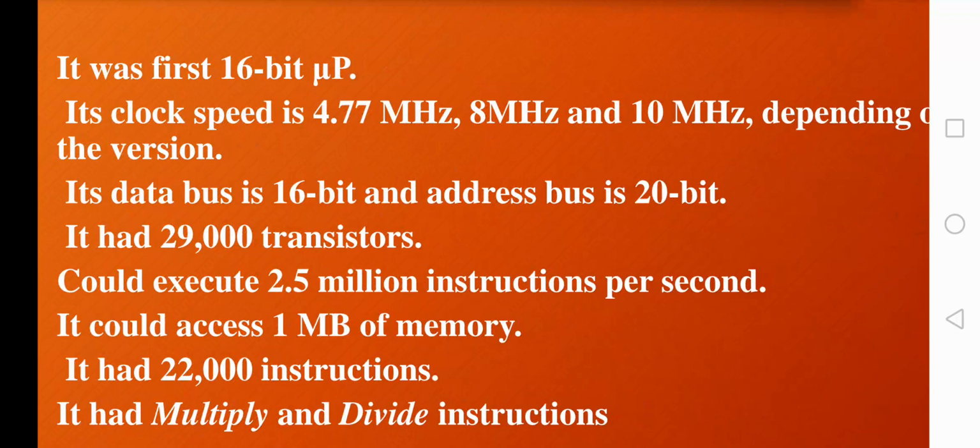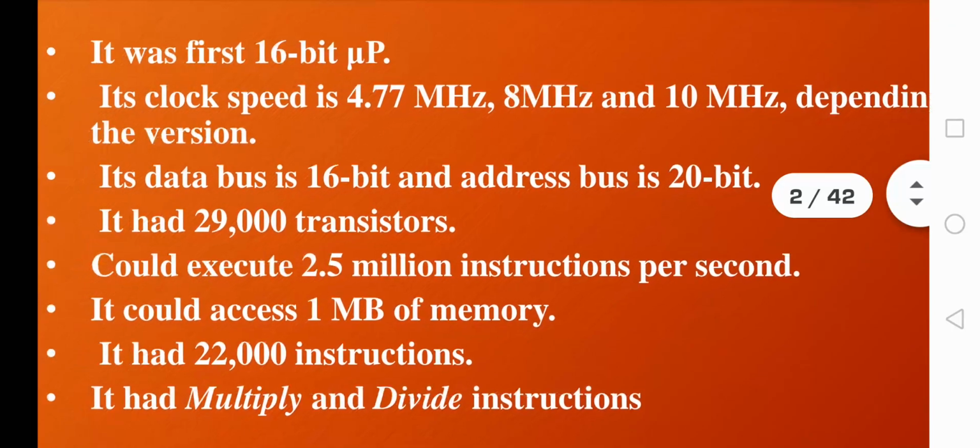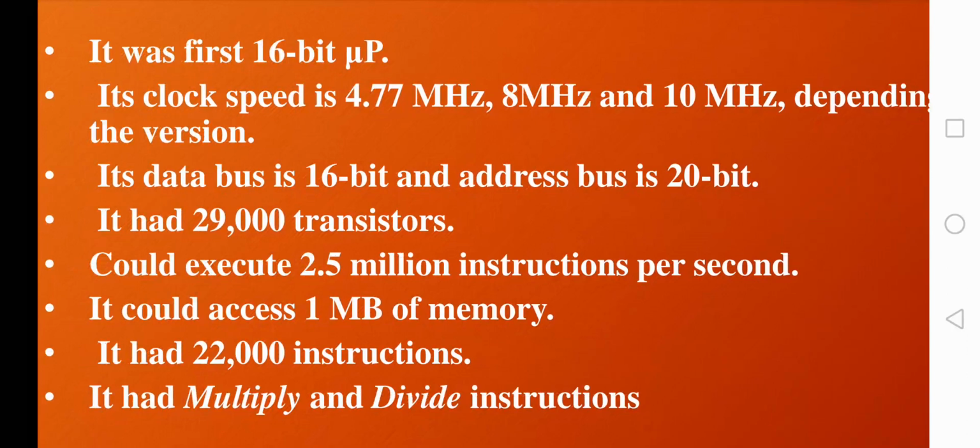From this it is clear that the version which runs fastest compared to the other two is naturally the third version, because it has a clock speed of 10 megahertz. Since the clock rate is 10 megahertz, the microprocessor will execute more and more operations compared to the other two in a shorter span of time.